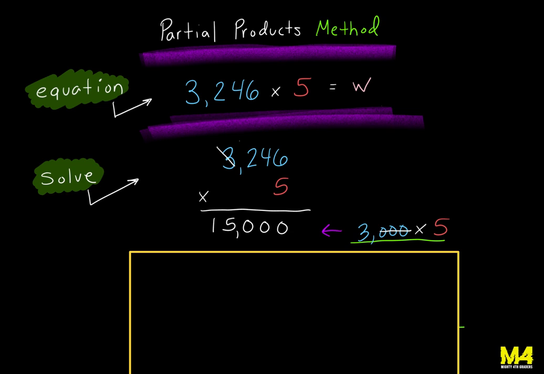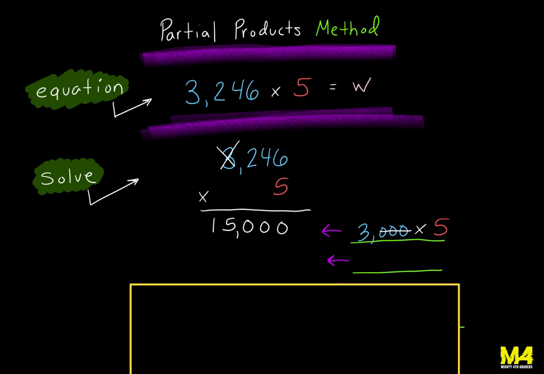That first thousands place is now done, so we're going to move to the hundreds place. Once again, I have my line and my arrow going this way. I'm going to take the number in my hundreds place, which is 200, and I'm going to multiply that by my busy 5.